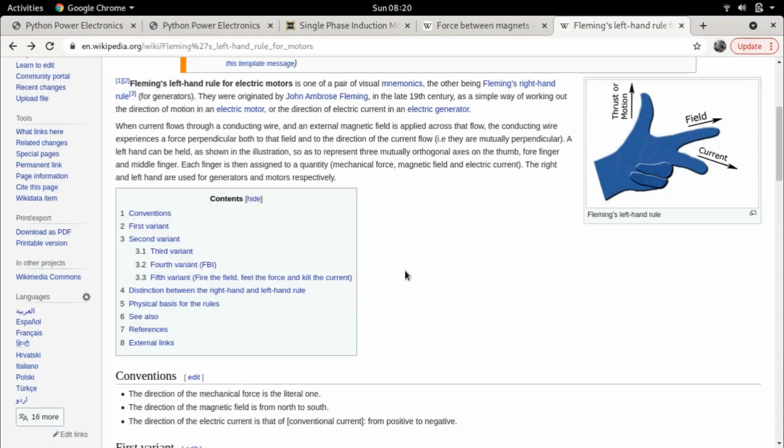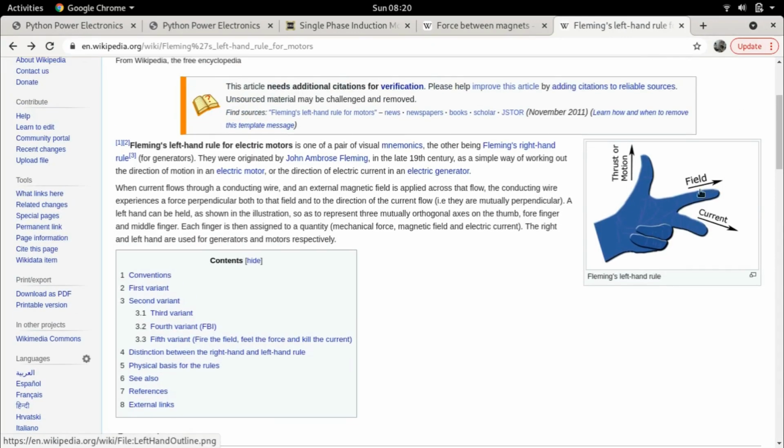So if the direction of the external field is indicated by the forefinger and the direction of the current is indicated by the middle finger, then the thumb indicates the direction of the force, right? This is Fleming's left-hand rule.